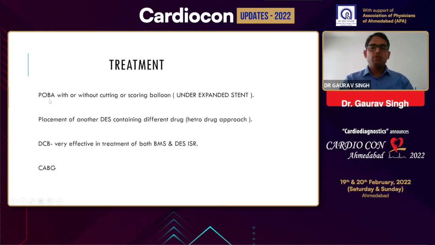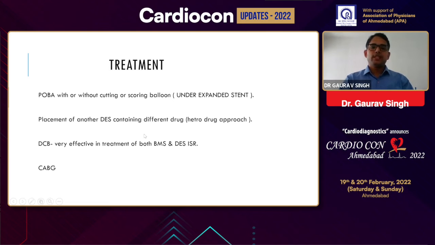Otherwise, the problem with POBA is that there are higher chances of restenosis, and even the early lumen loss is also greater with POBA. So the good thing about POBA is that it's a technically simple procedure, but the bad thing is higher chances of recurrent or repeat revascularization.